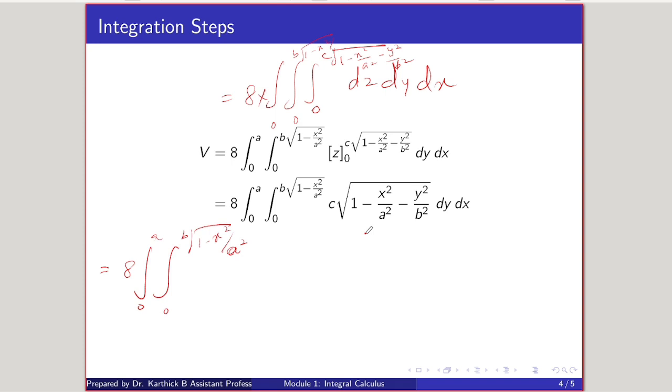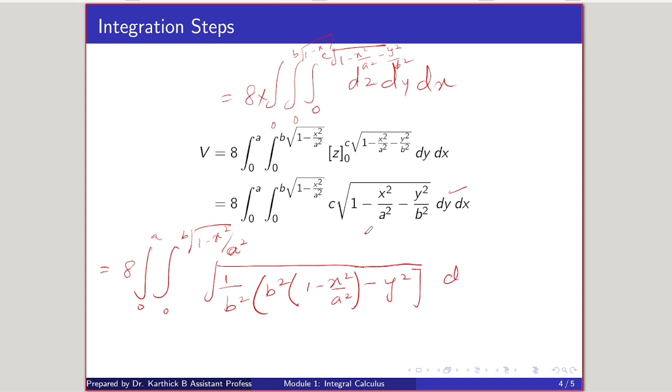In order to solve this, because we have to evaluate the integral with respect to y, I may simplify this term as the square root of 1 by b square times 1 minus x square by a square minus y square, by multiplying and dividing, into dy dx.